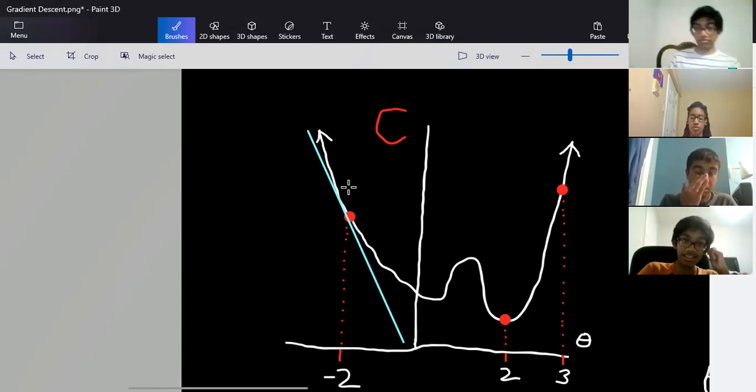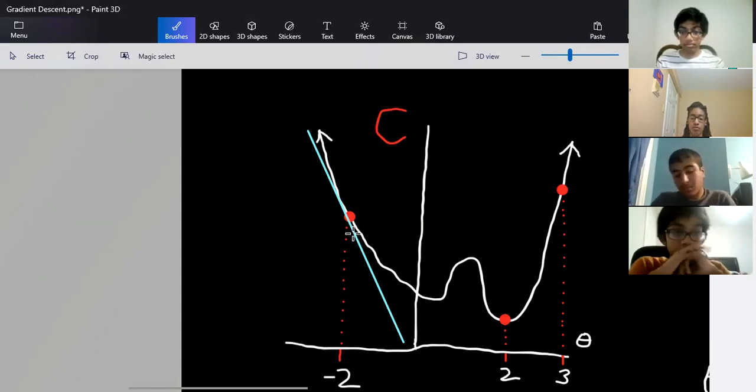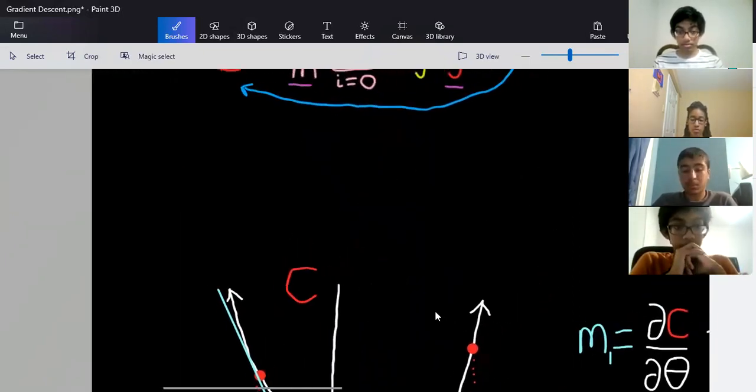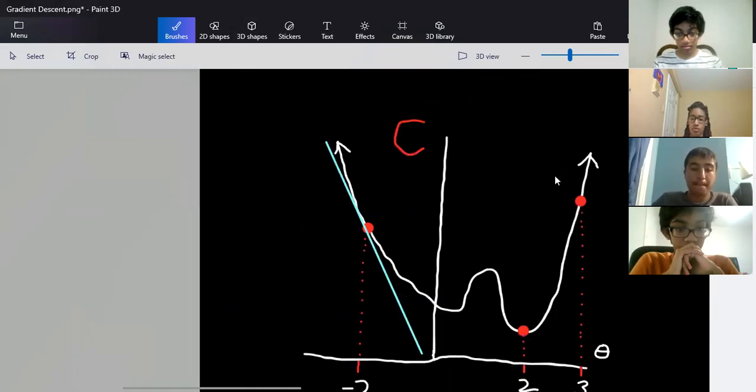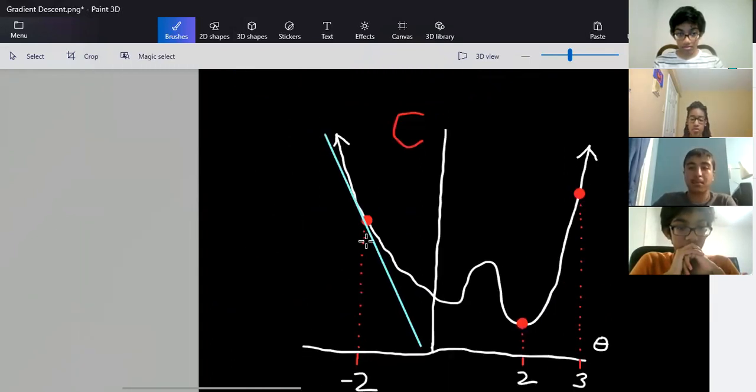Okay, it's the derivative. So the rate of change at one point, it's the derivative. And specifically, the derivative here is partial c by partial theta. So how much does a very tiny change in theta affect c? What is the change in c over the change in theta? These are all different ways of saying the derivative.